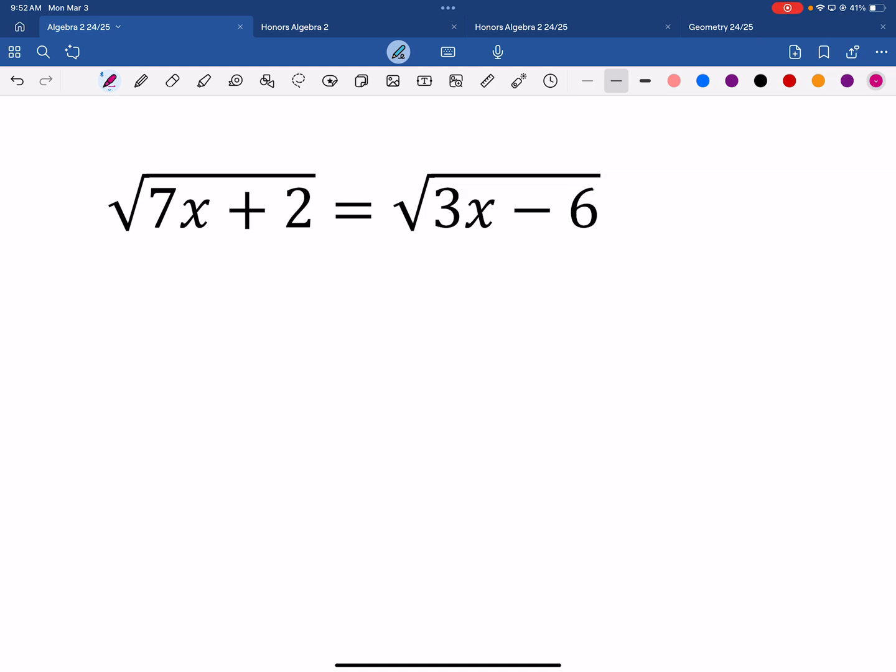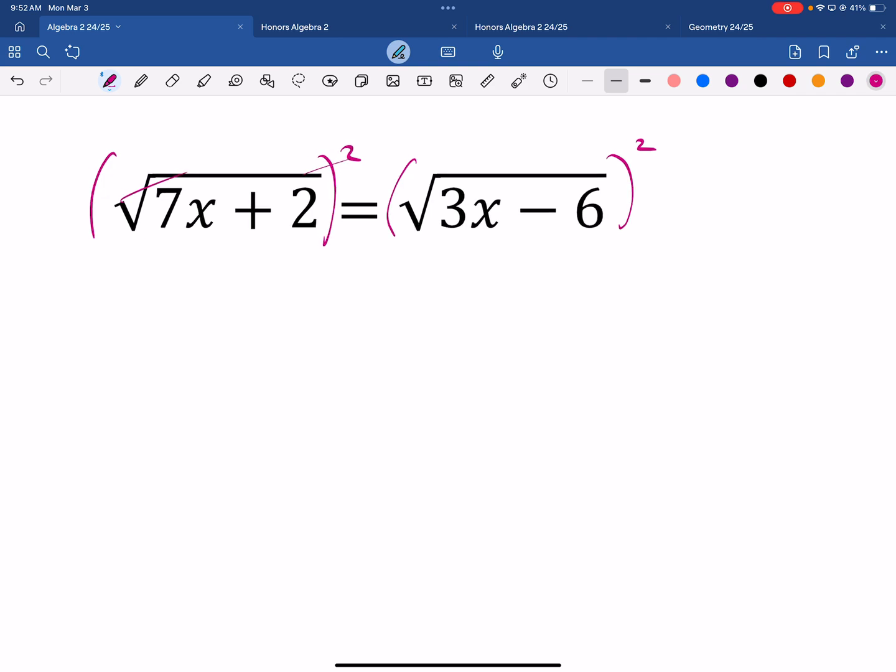If I square both sides, as long as I do both sides of the equation, I'm left with 7x plus 2 is equal to 3x minus 6. Now we've got something that's linear. And that's exactly how you do it. Now we have to solve.